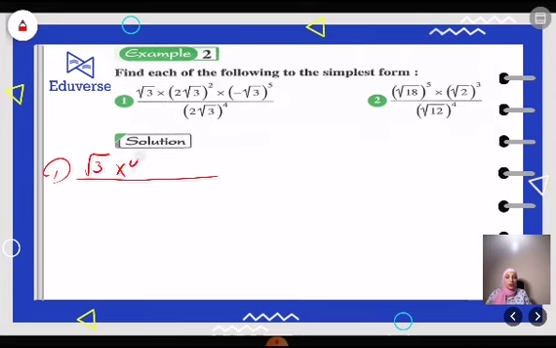2 power 2 equals 4. And we have root 3 power 2 multiply. Oh, the number here is not positive root 3. It's negative root 3. And negative root 3 with power odd, not even, we will keep the sign, but keep it outside. And then we have root 3 all to the power 5. Over, distribute the power, 2 will be power 4, multiply root 3 to the power 4.